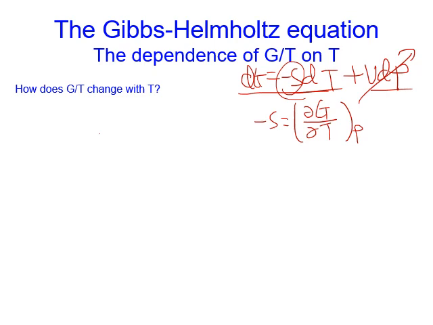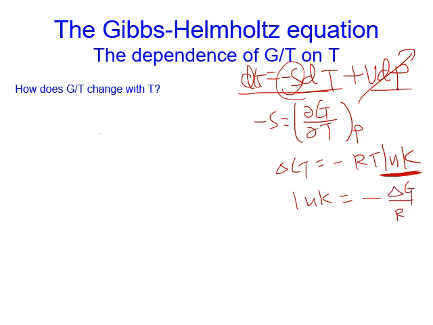But later chapters show that the equilibrium constant is related to Gibbs energy by delta G equals negative RT ln K. That tells you ln K is related to negative delta G over RT, so it's a function of G over T, not Gibbs energy itself.